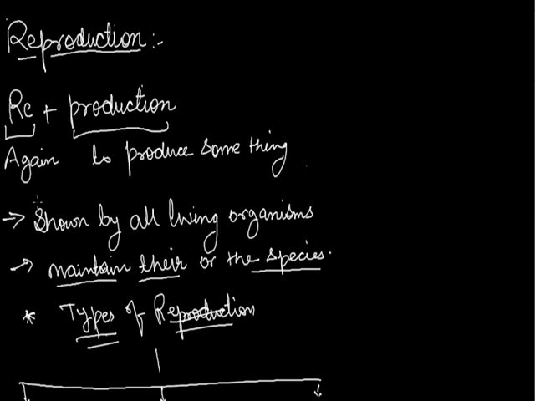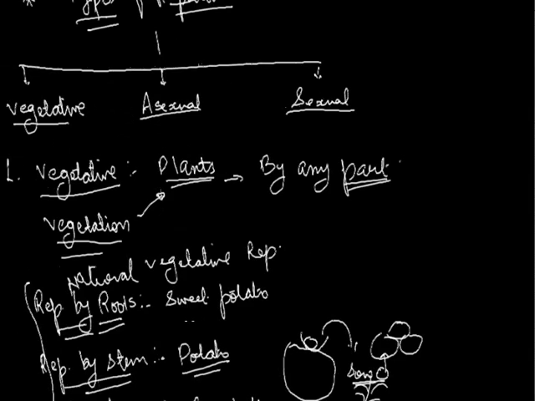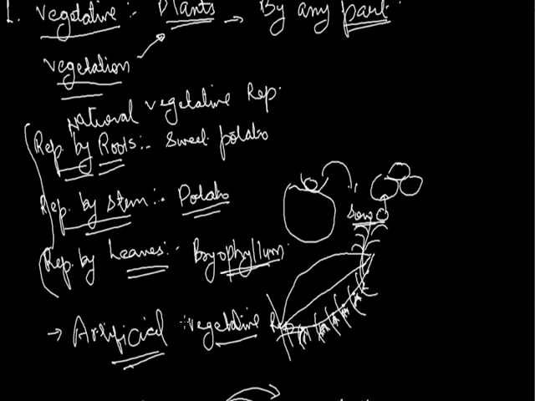The types of reproduction are vegetative, asexual and sexual reproduction. Vegetative reproduction is shown by vegetation, that is, by plants, and any part of the plant, whether root, stem or leaf, will show this kind of reproduction and produce another plant.